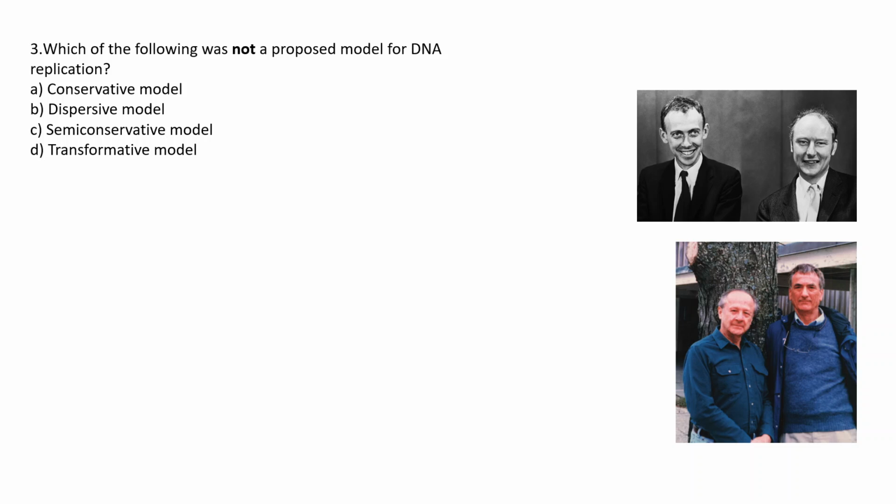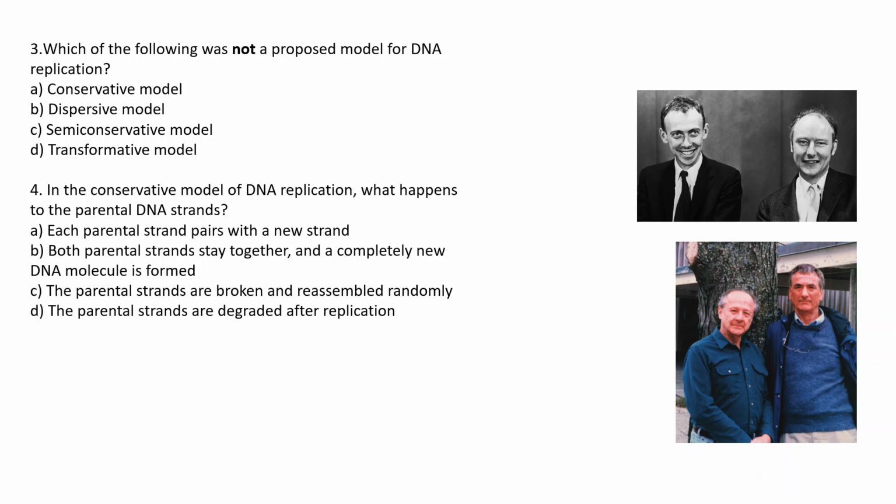So the parent strand acts as a template for the next generation strand, or the daughter strand. So yeah, the transformative model is not a thing. It's the other three: conservative, dispersive, and semi-conservative, after which the real one turned out to be semi-conservative. Great. So in the conservative model of DNA replication, what happens to the parental strands?